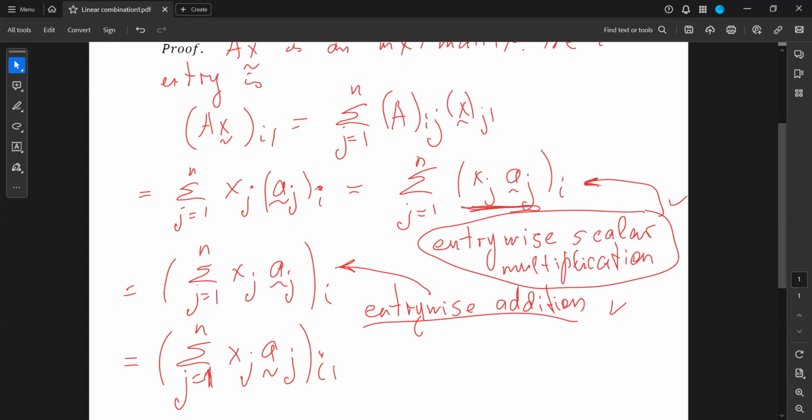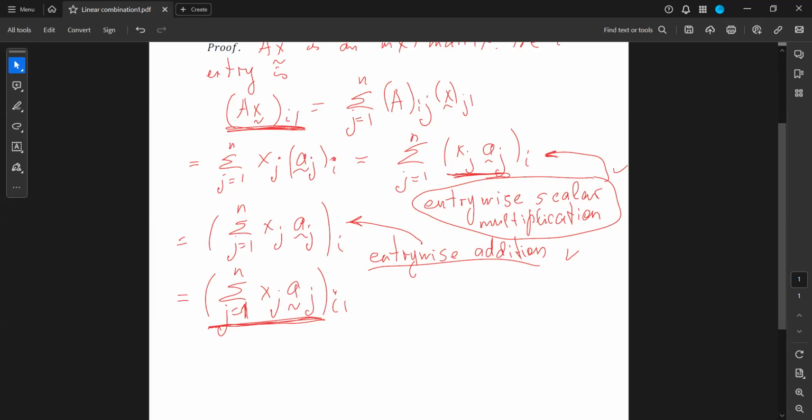And what I have shown is that the i1 entry of Ax is equal to the i1 entry of the sum. So the matrix Ax and this sum have to be equal because all entries are equal.